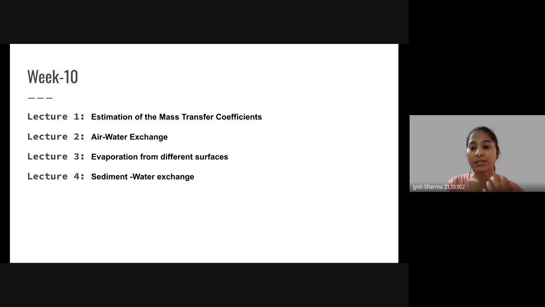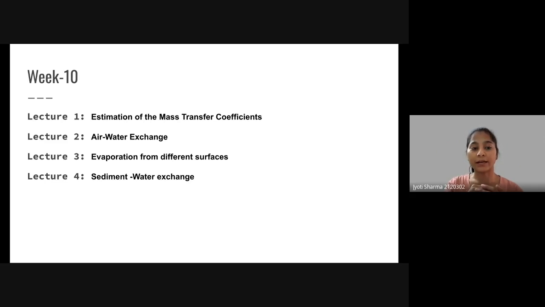In week 10 we started with examples. In week 9 it was just the concept. In week 10 we started to take examples, for example, water to air, air to water. If something is moving, then what kind of flux will there be, what kind of resistance will there be.